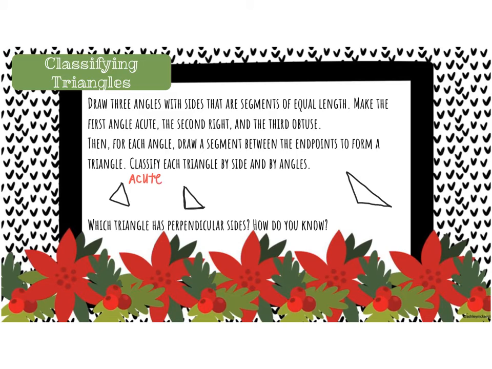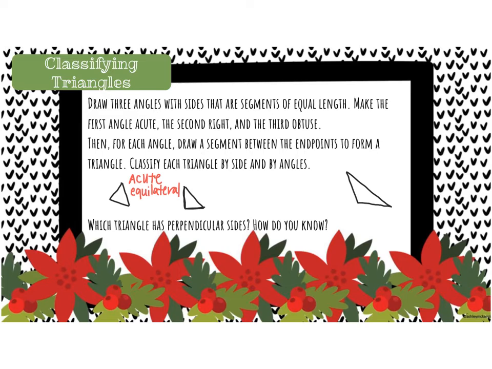And if all of my sides are the same, which is hard to make exact, but they should be equal length. If all sides are equal, how do we classify it based on its sides? Equilateral. So it's an acute equilateral triangle.